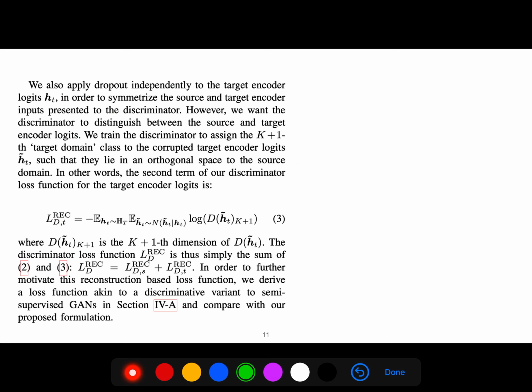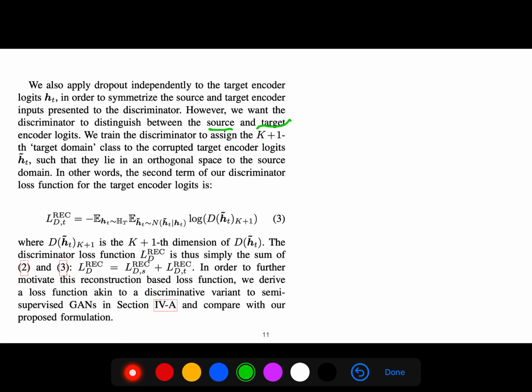So we also apply dropout independently to the target encoder. However, we want to distinguish between the source and target encoded logits. We train the discriminator to assign the k+1 target domain class to the corrupted target encoded logits such that they lie in an orthogonal space to the source domain.